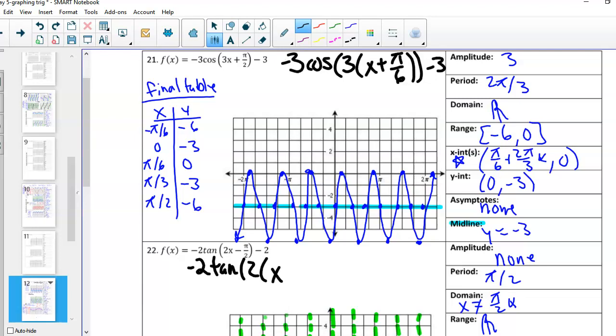Because it's like x. Well, your period is still 2 pi over b, but to get your phase shift, which I also did not write up here, you would need to factor that part out.